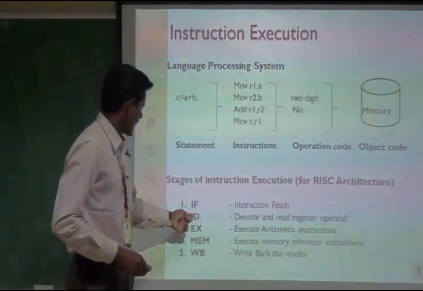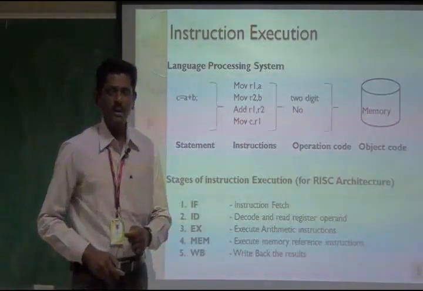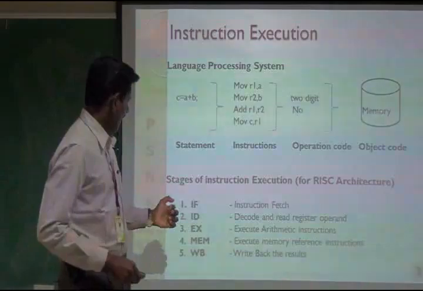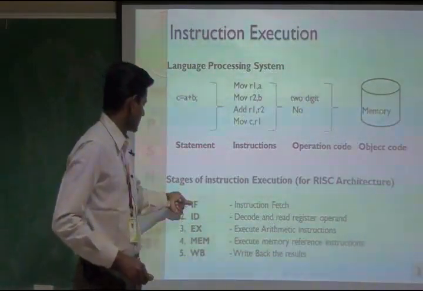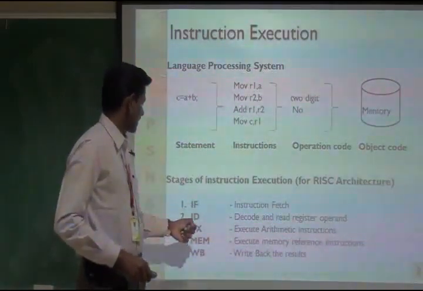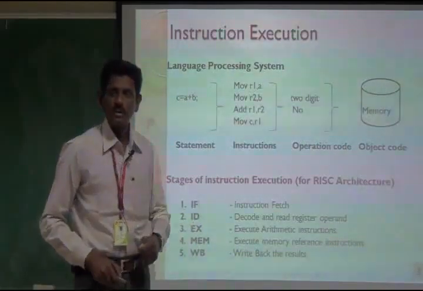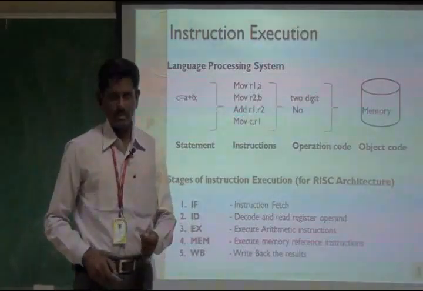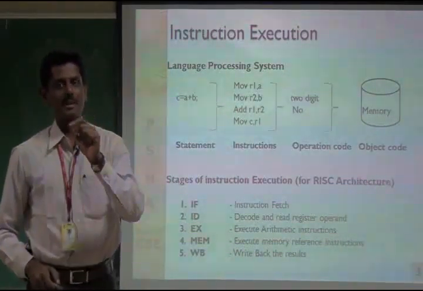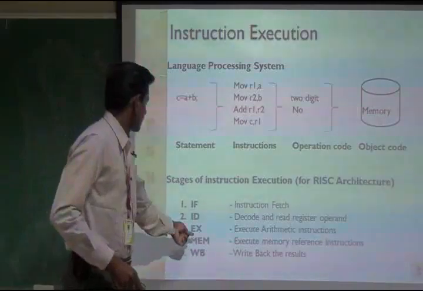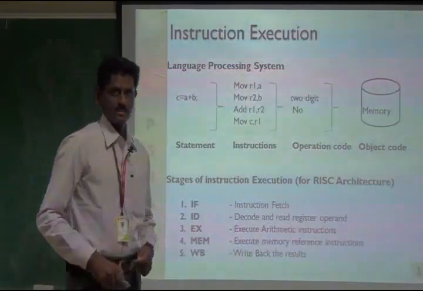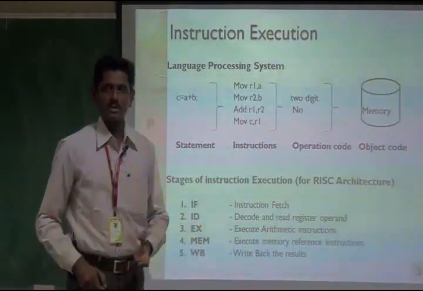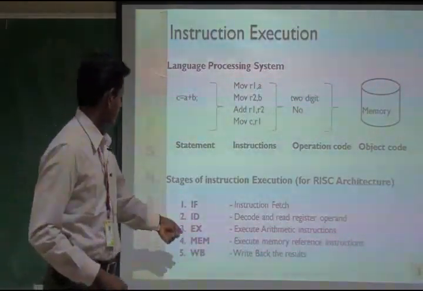Also in the second stage, the register operands are read. Now the processor knows what the instruction is and what the operands are, so it may go for execution. After execution, if there is any memory reference instruction, it goes to the memory operation stage. Otherwise the results are written back to the appropriate register in stage 5.